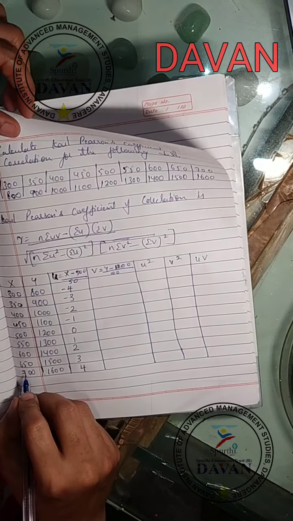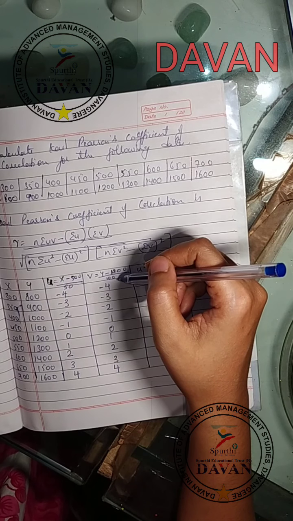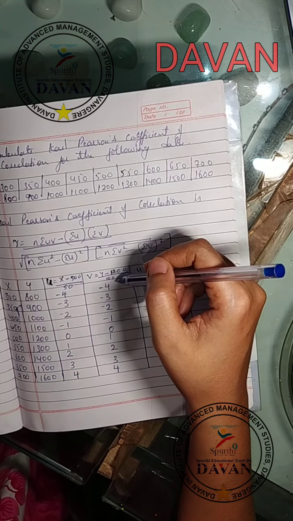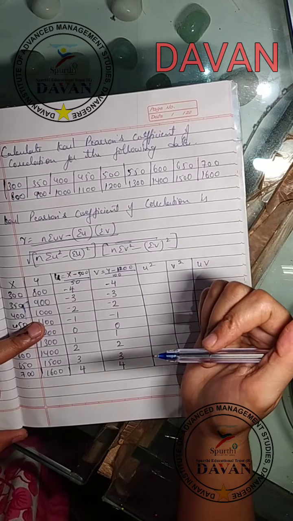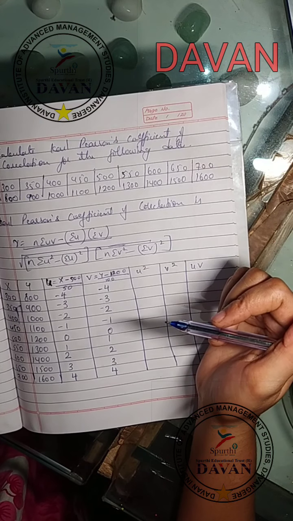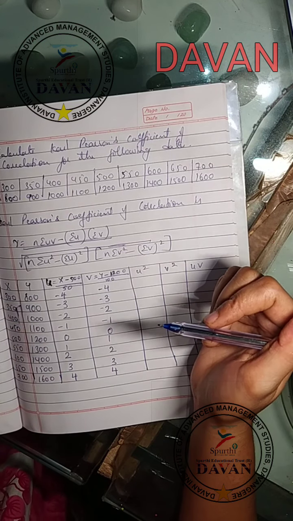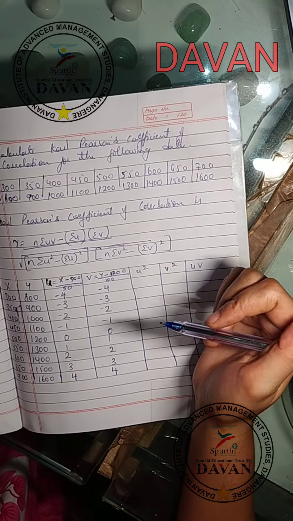If you don't divide this by 50, you will get all the values in 3 digit, and if you don't divide this by 100, then you will get the values in 3 digit. So to reduce this, I've divided by 100 so that I can reduce it to a single digit form.